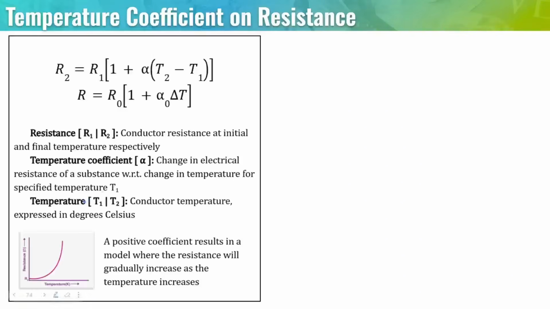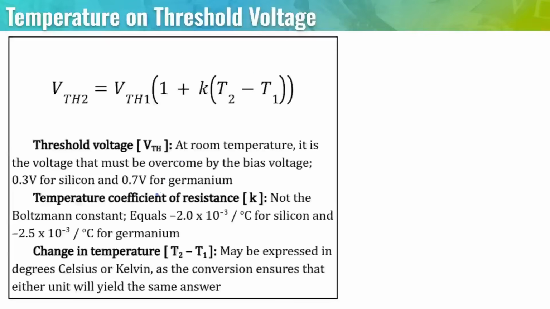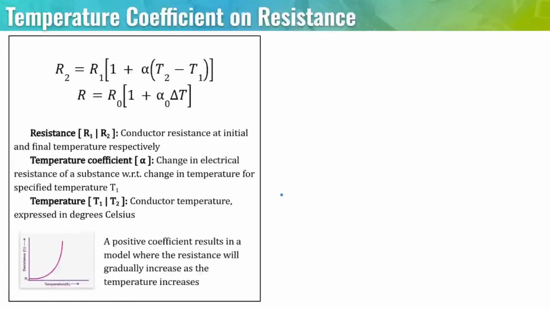So again, why did we specify this T sub 1? You should know that the temperature coefficient depends on the temperature. So unlike the temperature coefficient of resistance that has a fixed value according to our textbook, the temperature coefficient must match the initial temperature.